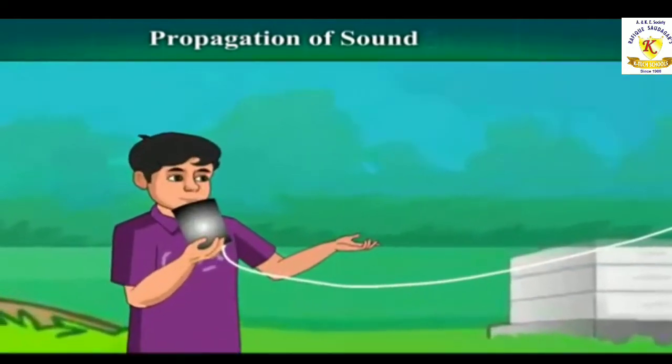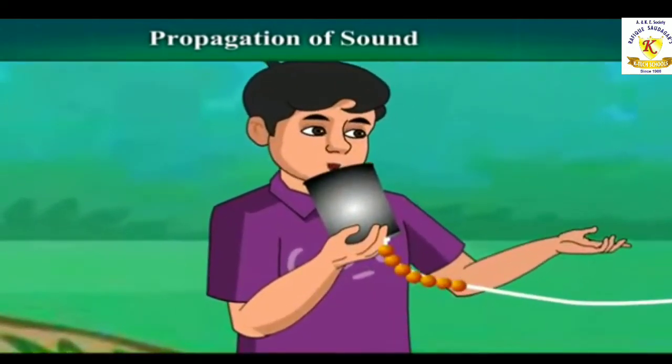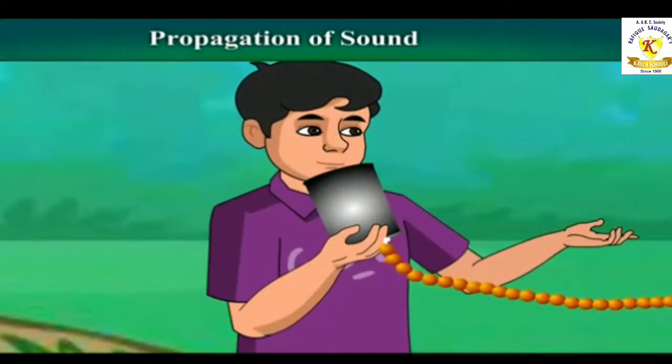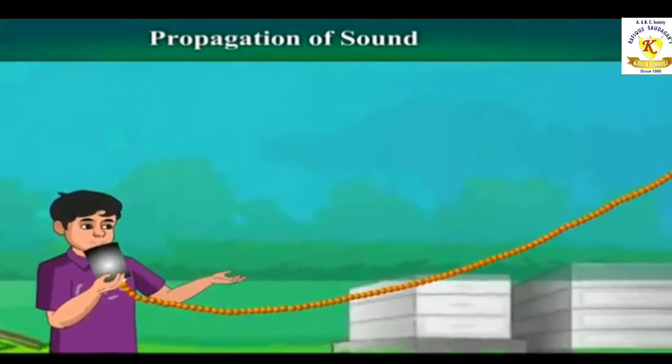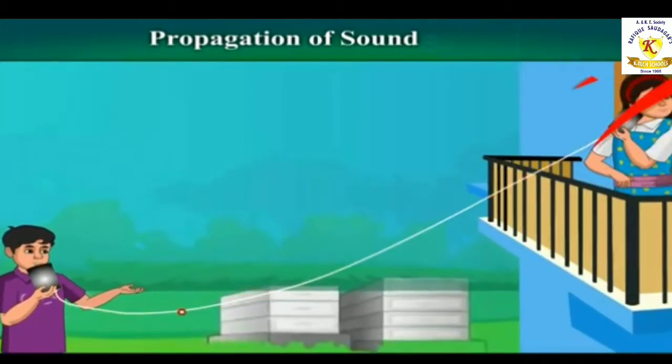Observe this carefully. Now, when an object vibrates, it sets the particles of the medium around it into vibration. The particles do not travel all the way from the vibrating object to the ear.